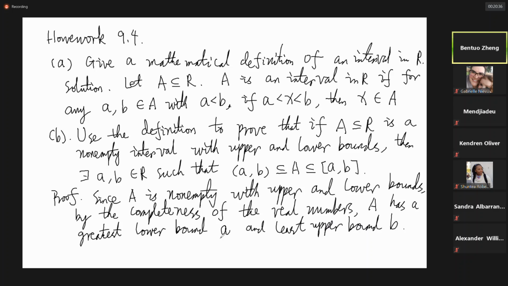So a is actually the greatest lower bound, and b is the least upper bound for A. Next, we want to show the set A contains the open interval (a, b) and is contained in the closed interval [a, b].